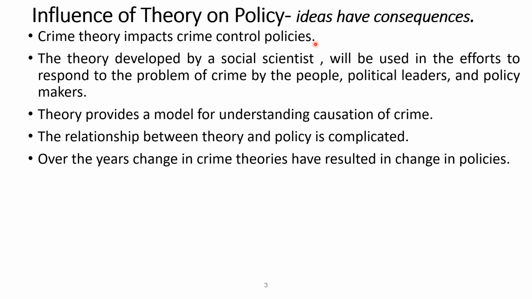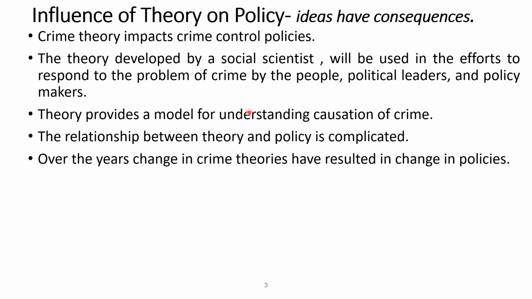Good crime theory is important in the response to combat crime. The theory developed by a social scientist will be used by others, people, political leaders, and policymakers in their efforts against the crime problem. Understanding why crime occurs is a prelude to developing the strategies to control crime in society.